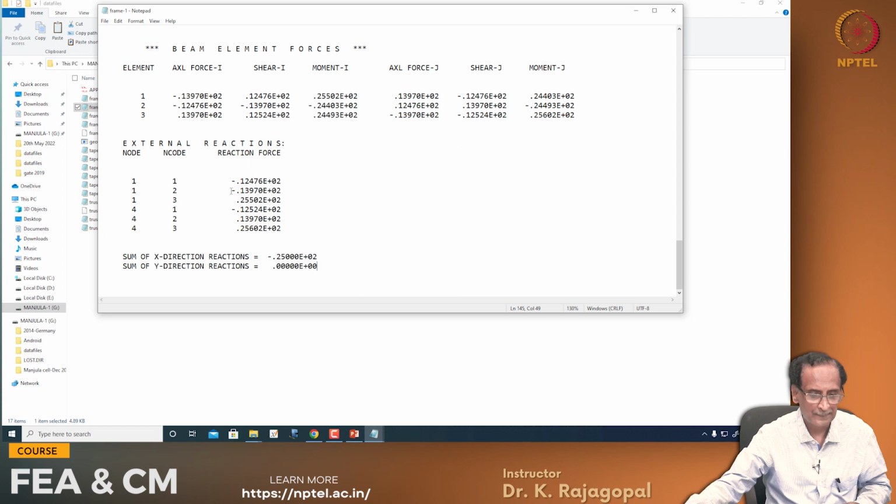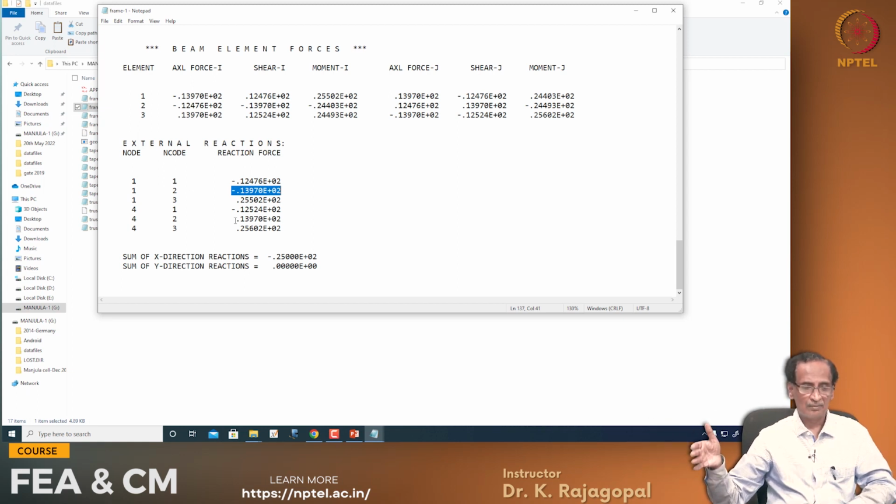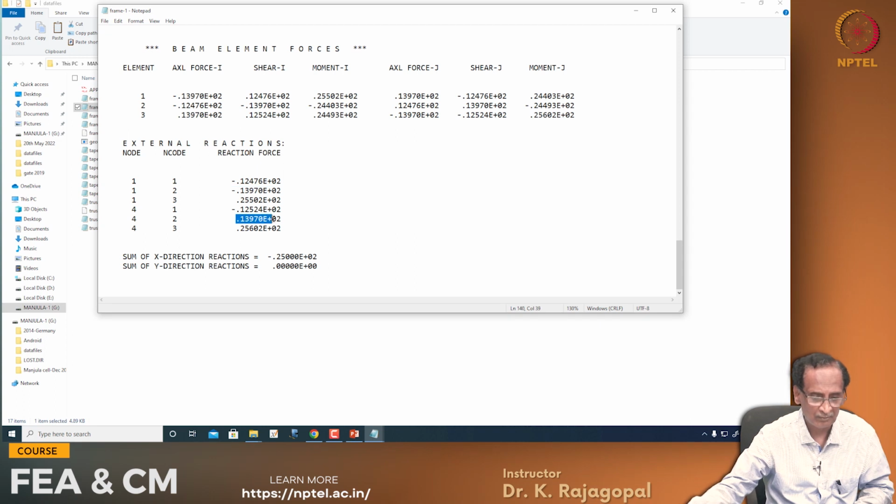But if you see, node 1 has minus 13.97, whereas node 4, at the right hand side, has an equal and opposite force plus 13.97, so that our net y direction reaction force is 0.